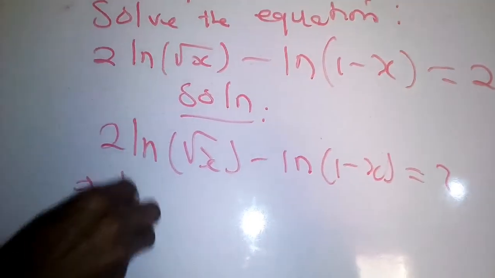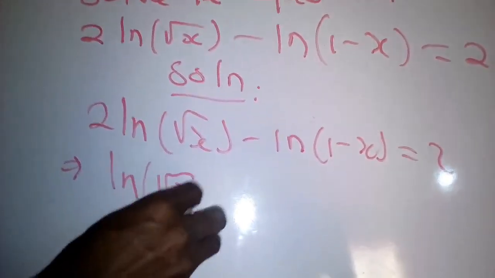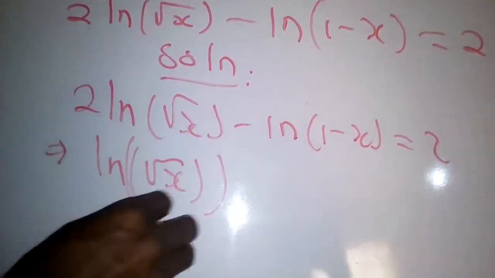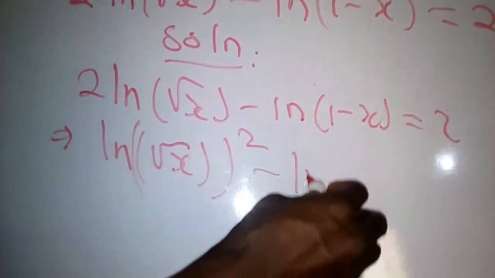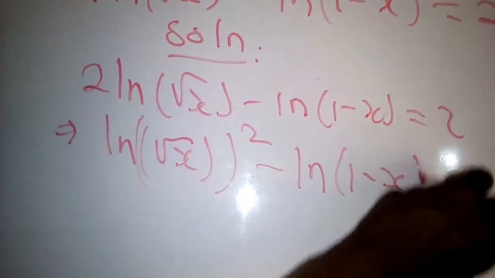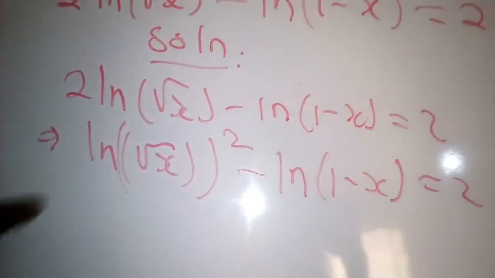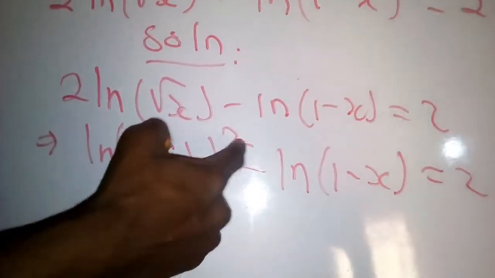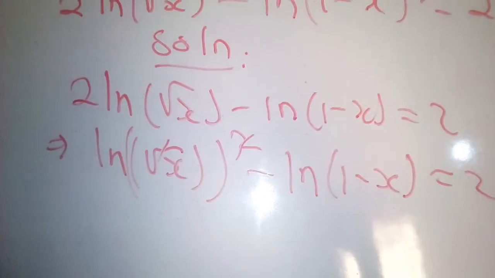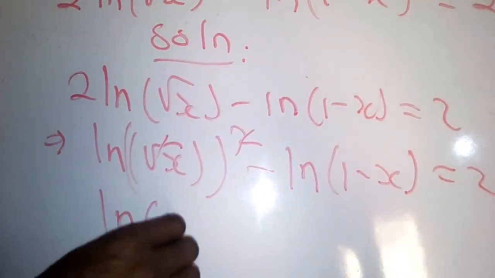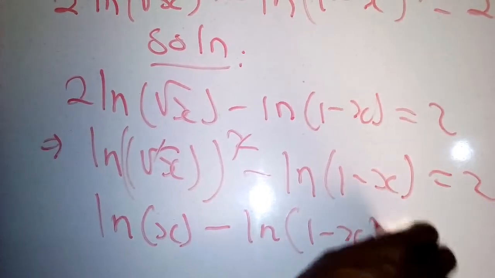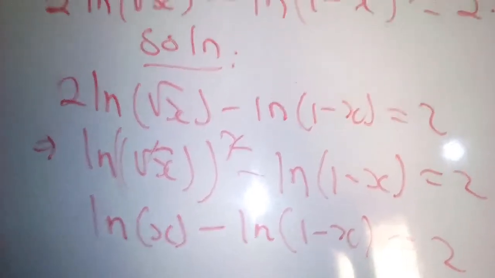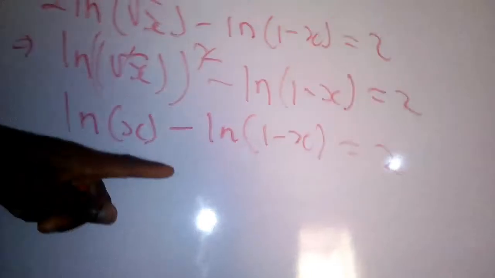This is the same thing as saying ln of root x, all squared according to the law of logarithm, minus ln of 1 minus x equals 2. But you see the presence of the square root here and the square here, so this will cancel out. You are left with ln x minus ln of 1 minus x equals 2.